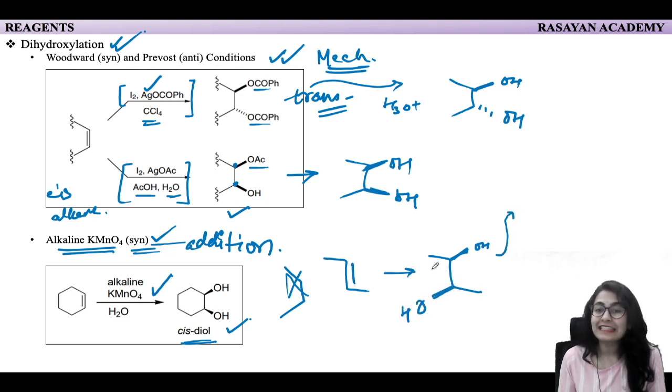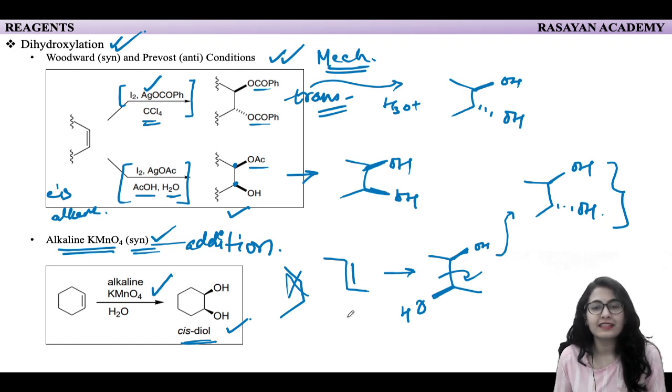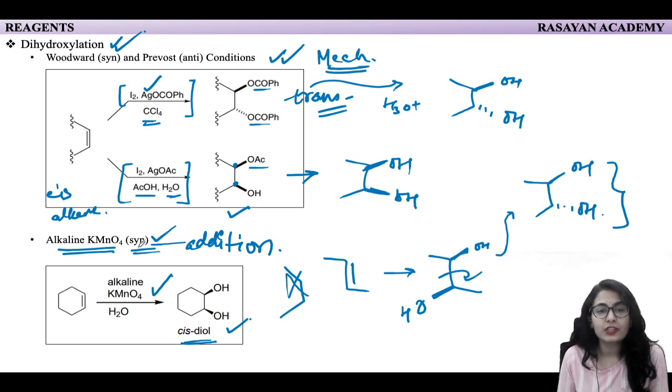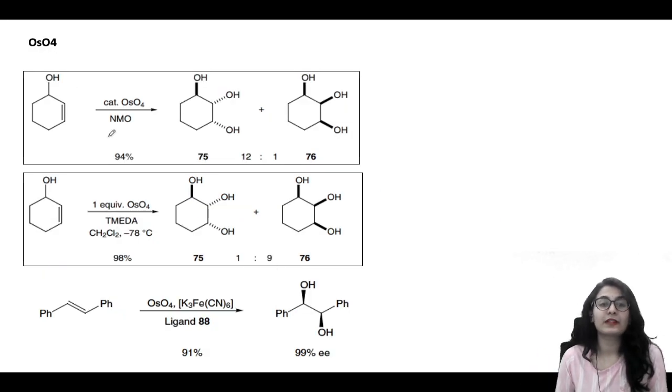It is still a trans diol, it's not a cis diol. And when you are rotating from this bond, one of the alcohols is above and the other one is below. So this trans diol is formed because the alkene itself was trans, but the addition is syn addition, that is the addition is on the same side. That's why we have to mention syn and anti-addition like that.